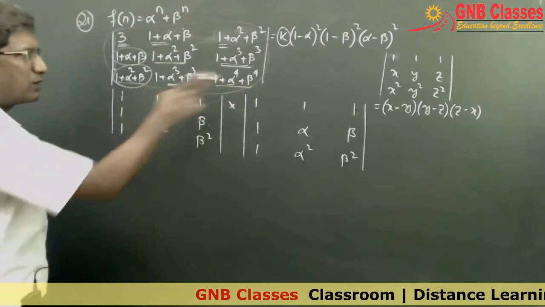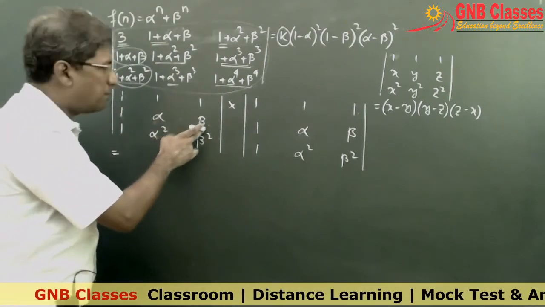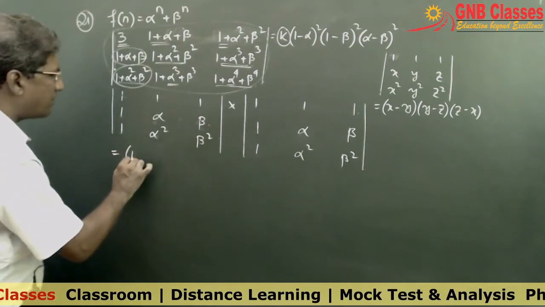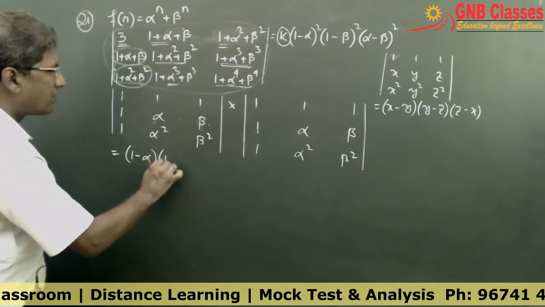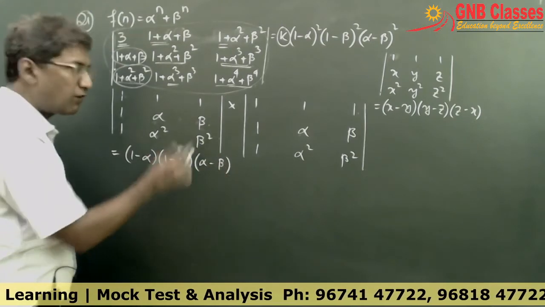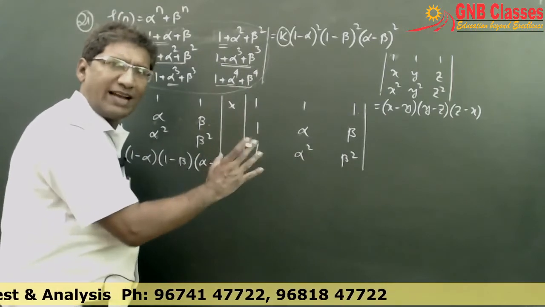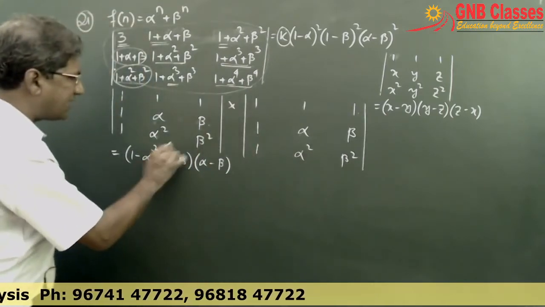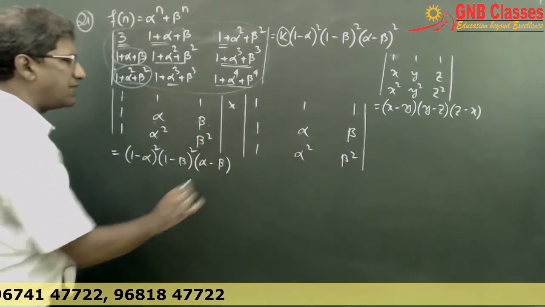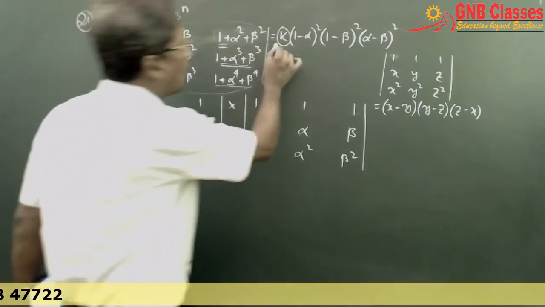Here x is nothing but 1, y is alpha and z is beta. So what we are going to get from here? (1 minus alpha)(1 minus beta)(alpha minus beta), right? For the first determinant. And for the second determinant, we are exactly going to get the same thing. So it will be nothing but (1 minus alpha) whole square into (1 minus beta) whole square into (alpha minus beta) whole square.